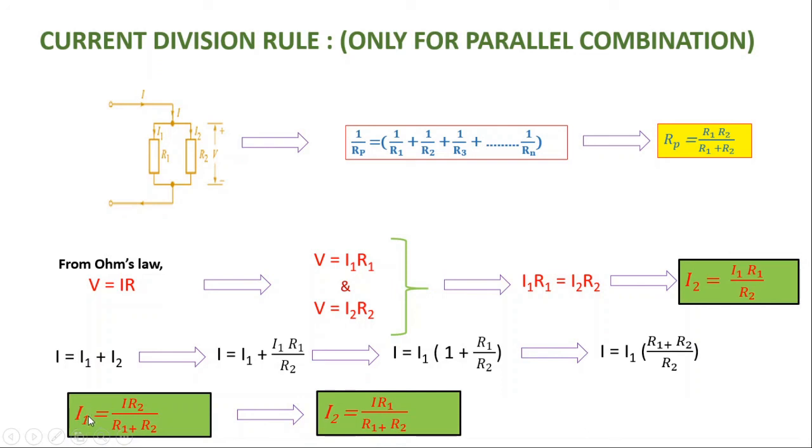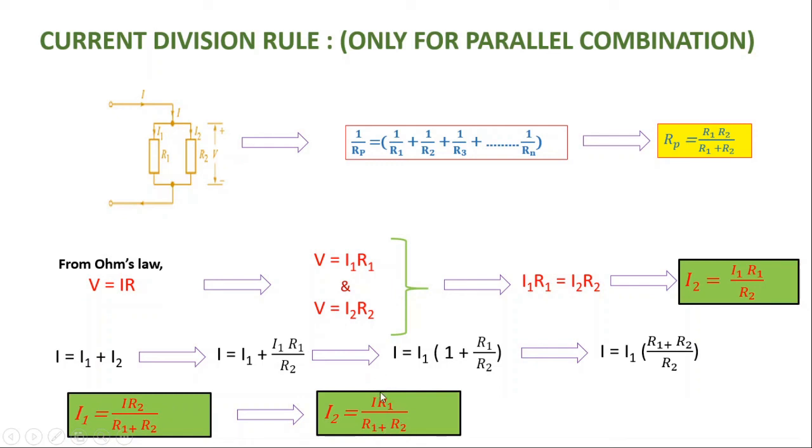Current flowing through the branch I1, resistor R1, is equal to I into R2, the opposite resistor that is there, divided by the effective resistance that is there. So similarly, I2, if you are finding the current flowing through this, can we write it as I into the resistance of the opposite branch R1 divided by R1 plus R2, the effective resistances.